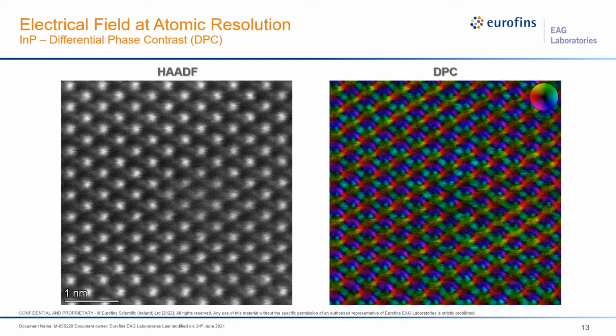Here on the left, we have the Z contrast image, where we're primarily seeing the indium atoms. You get a sort of hint of the phosphorus being there. But in this case, we can also map out the localized atomic scale electric field within the sample as well. And this potentially can be useful for looking at things that have, let's say, multi-quantum wells and things like that. We can actually map out the electric fields in a more complex sample as well.